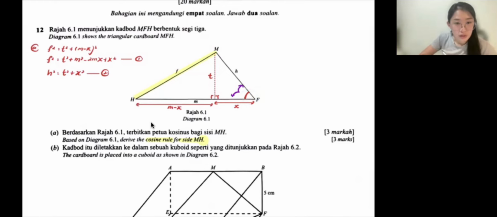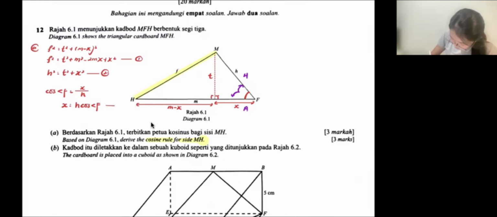We use cos, because this is cos rule, so you need adjacent and hypotenuse. So cos F equals to adjacent X, hypotenuse H. Make X the title. So this will be H cos F. Equation number 3.